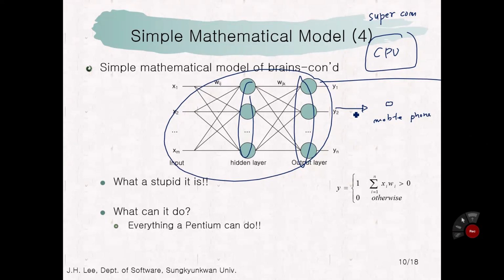That's the difference. In a theoretical viewpoint, they are the same. The number of layers is not important. But in a practical viewpoint, they are different. If you put down a lot of layers, it's something like a CPU for supercomputers. So its power is strong, but it needs a lot of energy.